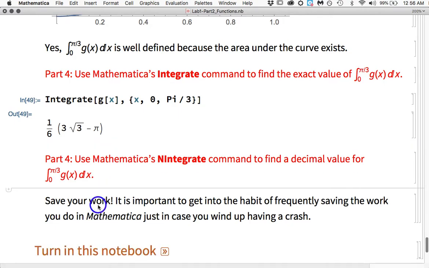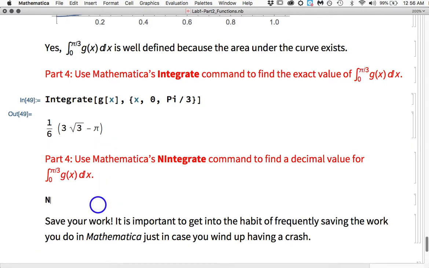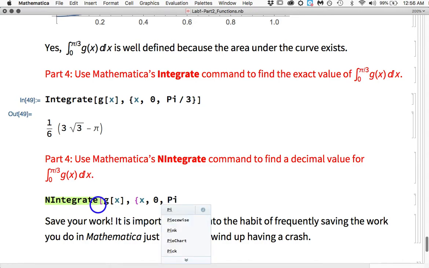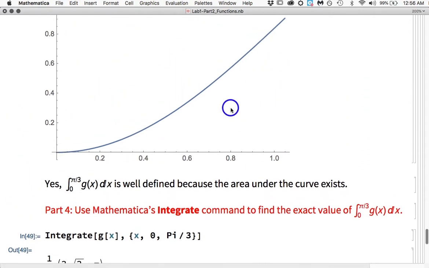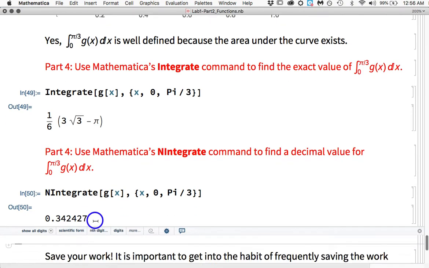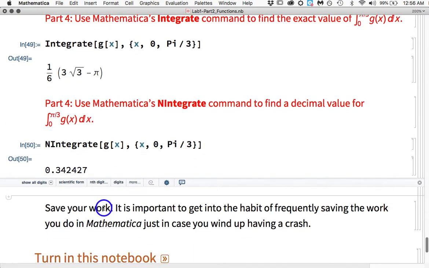If I want to have a decimal equivalent, I can simply do InIntegrate. And it's the same range. And so that chunk of area, this chunk of area here, is approximately 0.342427 square units.